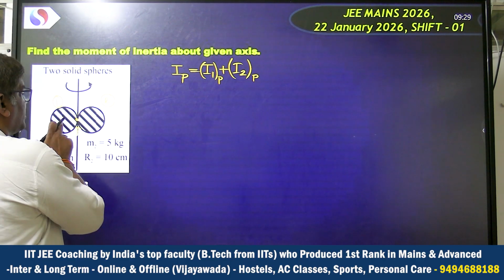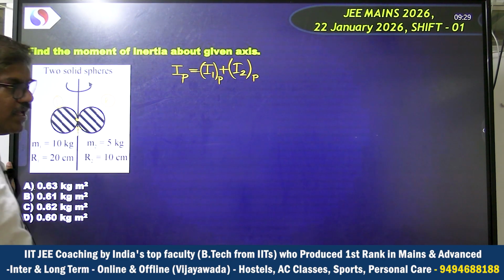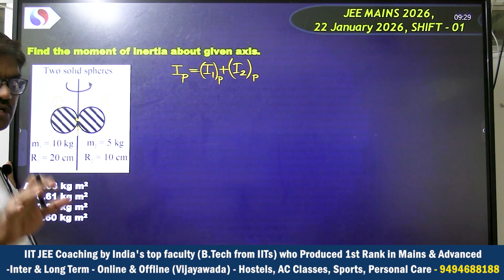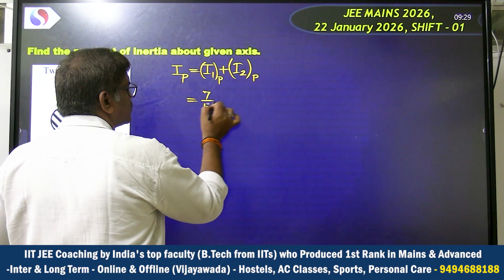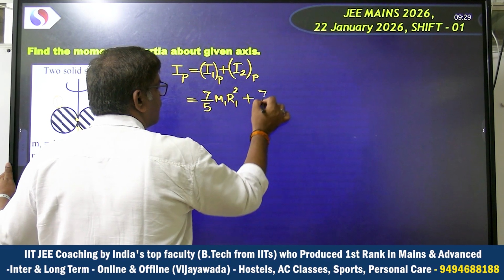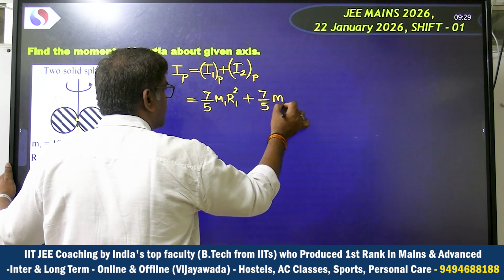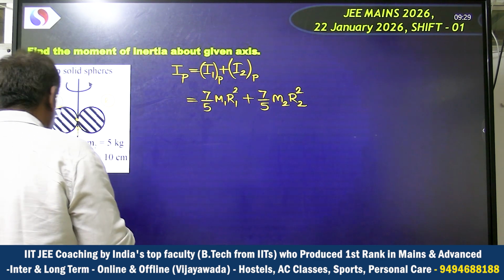So you need the moment of inertia of the first about P and of the second about P. For a solid sphere about the tangent, what will be the moment of inertia? 7 by 5. So 7 by 5 m1 r1 square for the first one, and for the second one also 7 by 5 m2 r2 square. Masses and radii are different here.